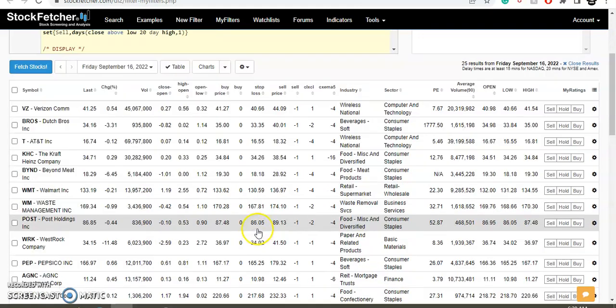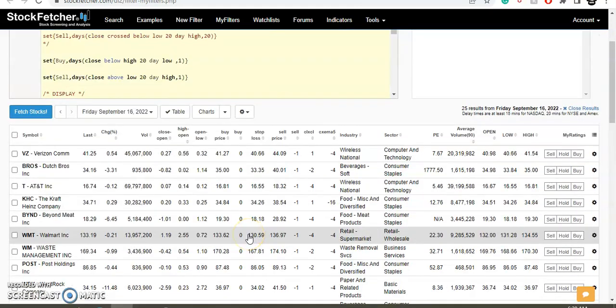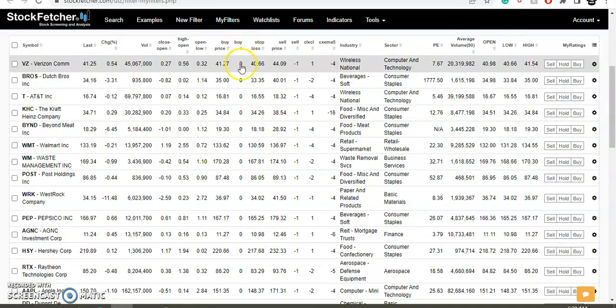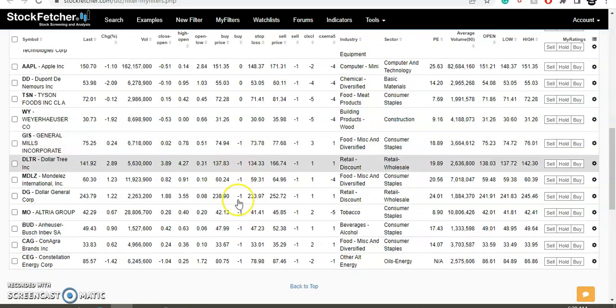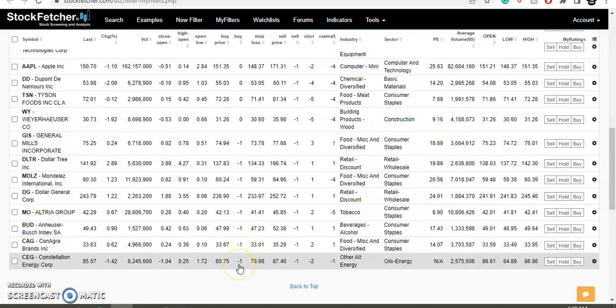Every night it'll send me a report, and under the buy column, if it's a 0, that means on the next day look for a buy. If it's a -1, it means you probably missed your opportunity.